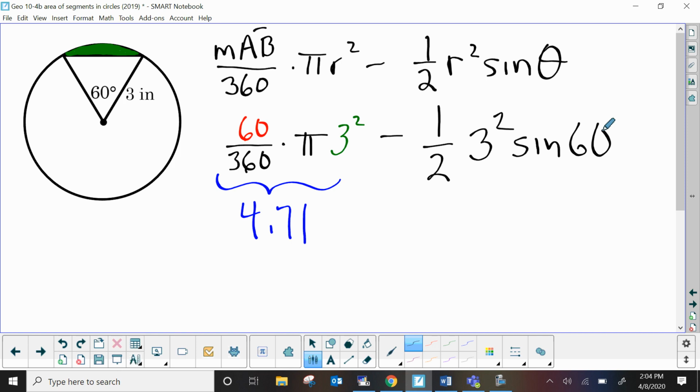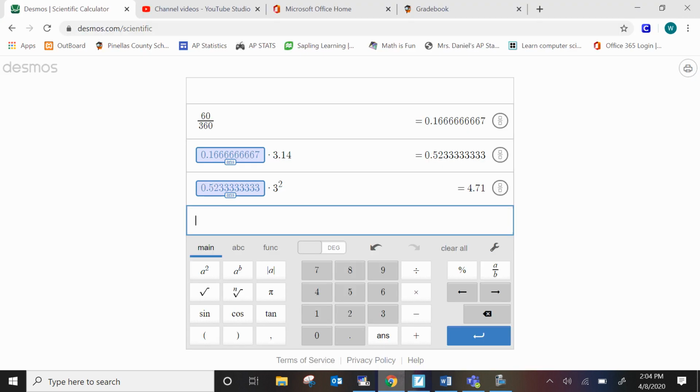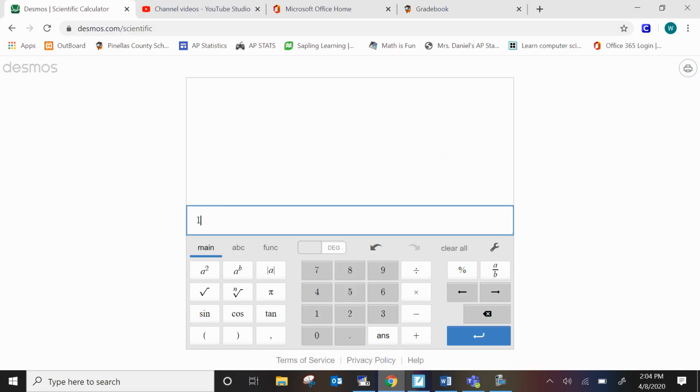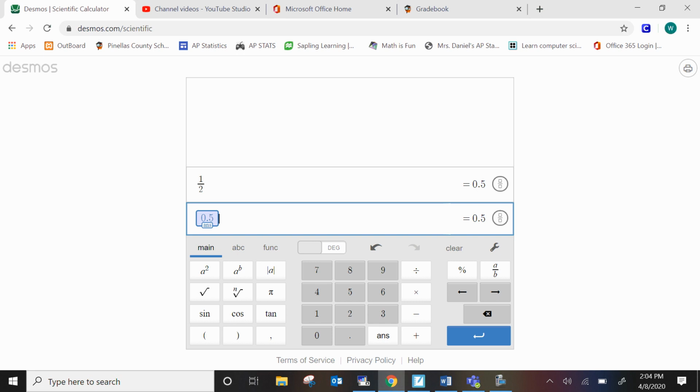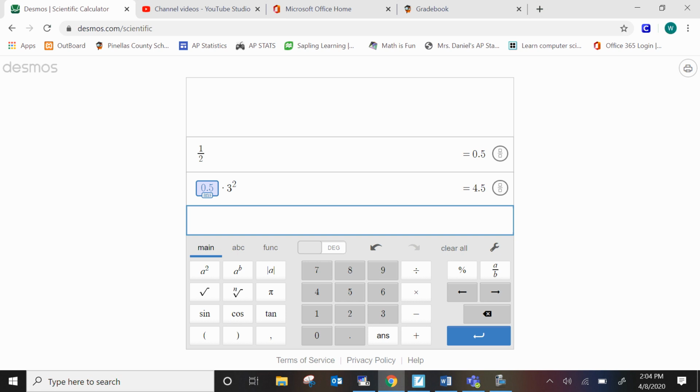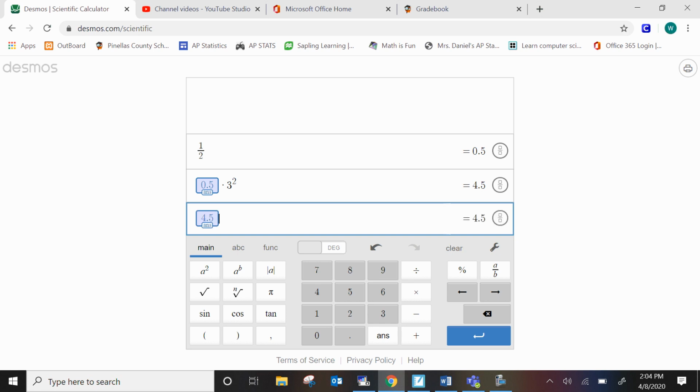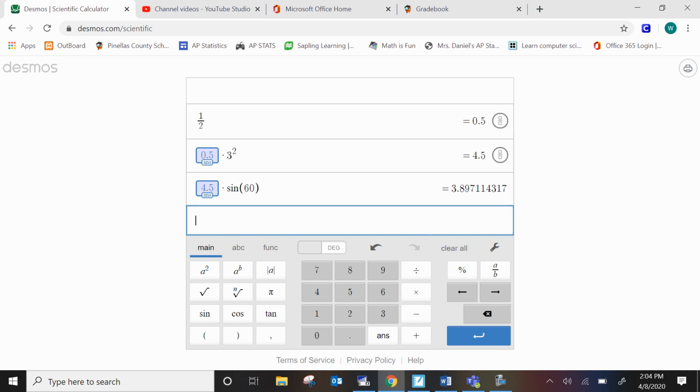Okay, in the calculator. Here we go. 1 divided by 2, enter, it gives me 0.5. I'm going to hit the answer, so it brings down the 0.5 for me, times the radius, which was 3 squared. Enter, that gives me 4.5. I'm going to pull that answer down, 4.5 times the sine of 60 degrees. Enter. And it looks like we get 3.90.